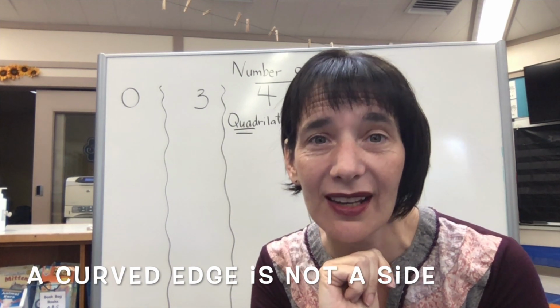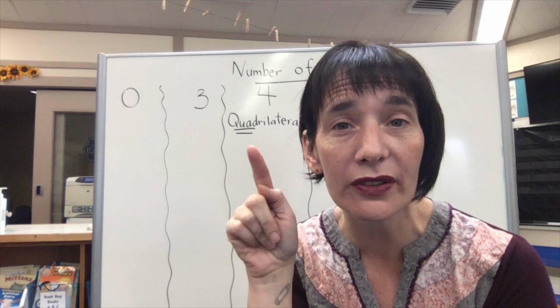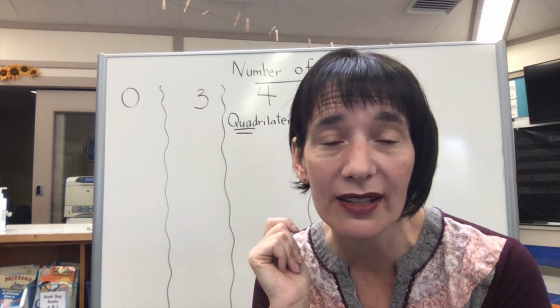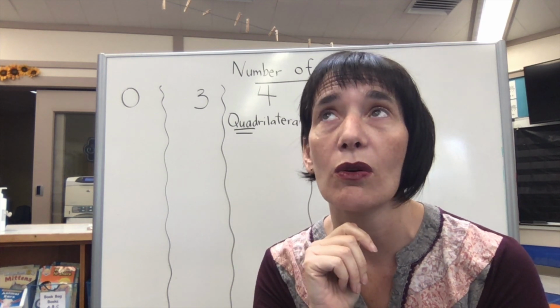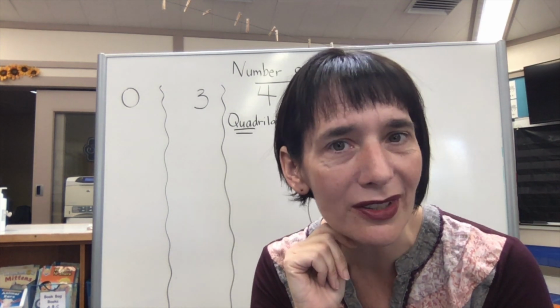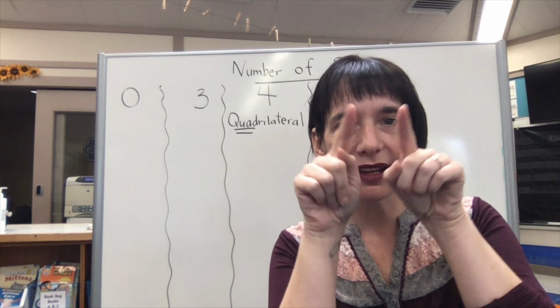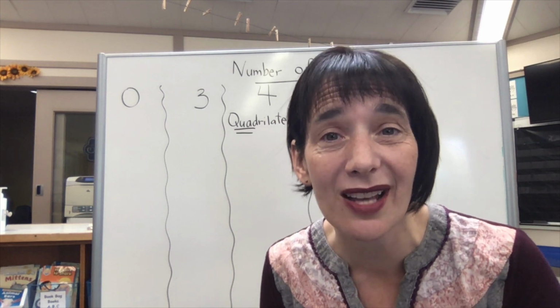So anything that has a curve or has all curves would have 0 sides. So let's think about this. This would be things like a circle or an oval, or even a heart, right? Because those shapes are like this, right? They're all curved. So those have 0 sides.